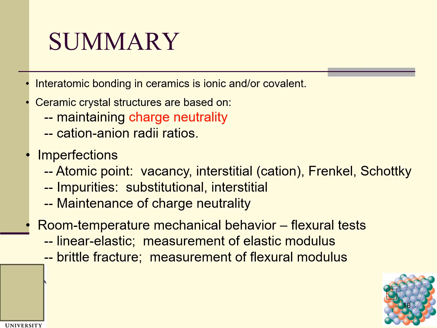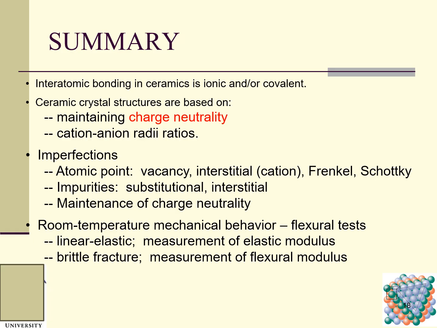Summary for today's lecture. First, interatomic bonding in ceramics is ionic and or covalent. Ceramic crystal structures are based upon maintaining charge neutrality, electron neutrality. This is very, very important.